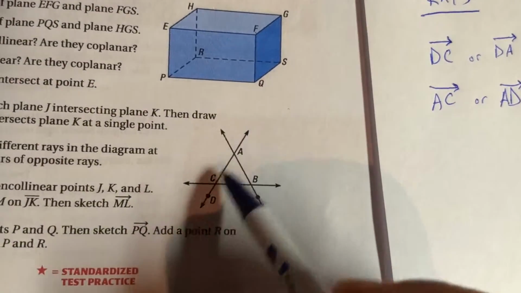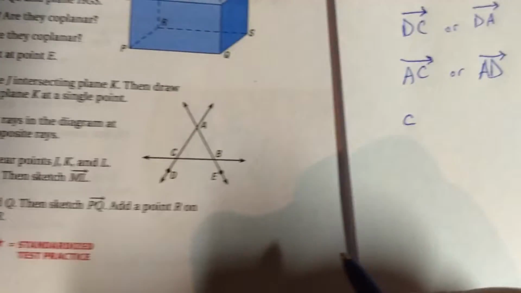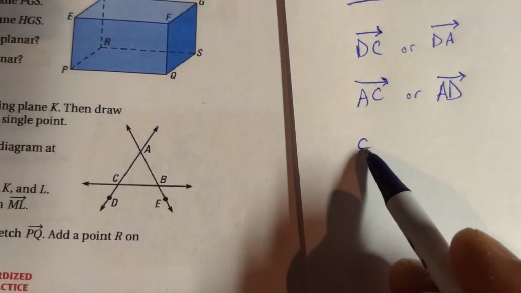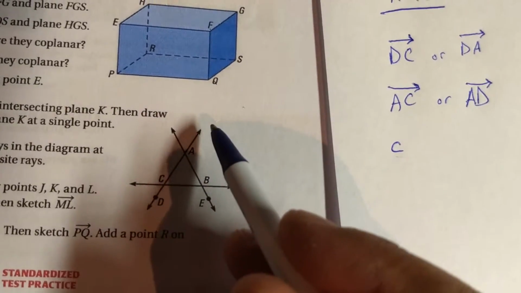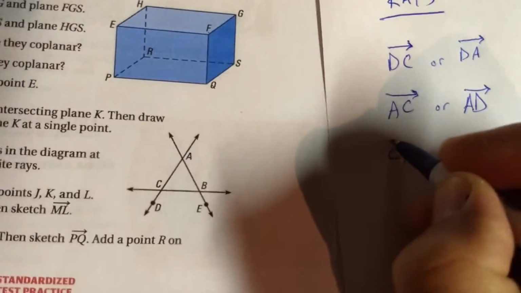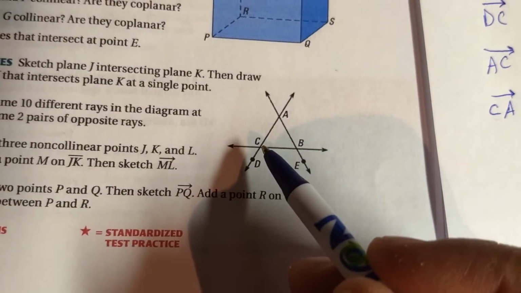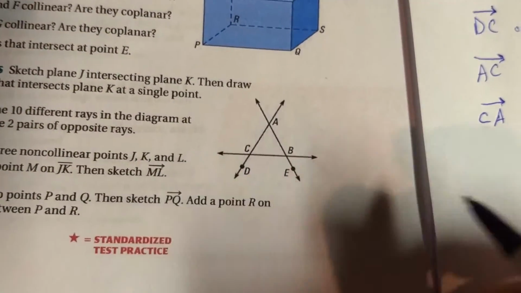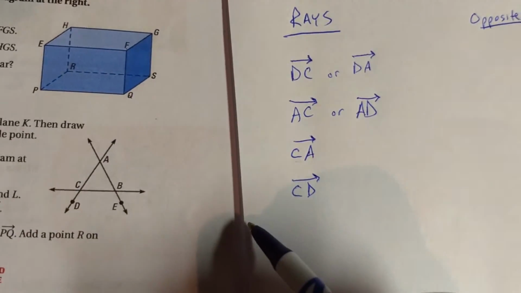We could also, still looking at just that line, start at point C. So I'm going to start with a point C over here and travel up through A. Or a brand new ray, point C, traveling in the opposite direction, going through D. Now, there's a whole bunch of different rays that I just wrote down there.